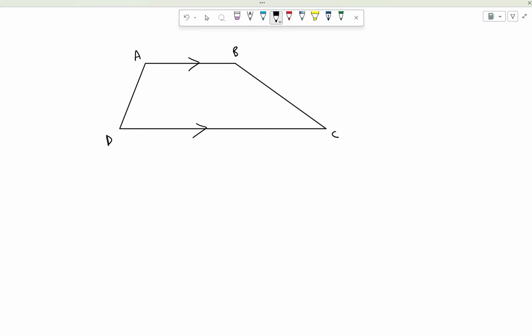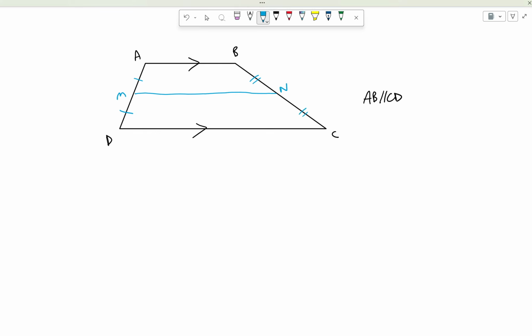But since AB is parallel to CD, because those are the bases, there's one more thing that I want us to explore. We're going to have one more segment to consider here. It's where we take the midpoint, and I'm going to call this M of AD, and this midpoint N of BC.